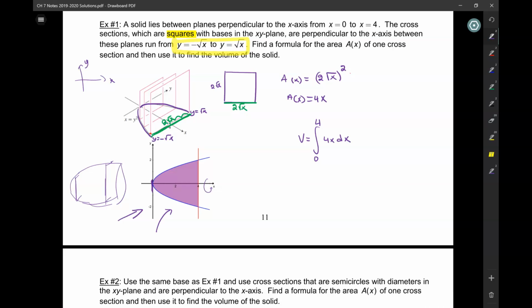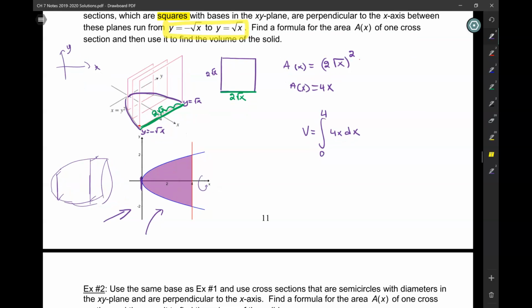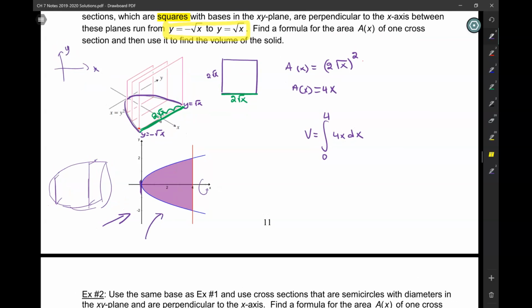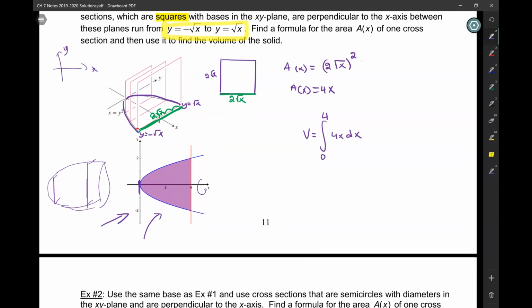Well, you're being told that there's a solid from x equals 0 to x equals 4. The cross sections, which are squares with bases in the xy plane, are perpendicular to the x-axis, and they run from root x to negative root x.